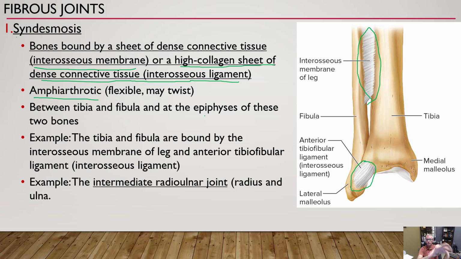They're not freely movable. They're slightly movable. So they're going to be amphiarthrotic. So here under the example, we could say tibia, fibula, or we could say radius, ulna. So example, the intermediate radioulnar joint is the one that I just showed you.